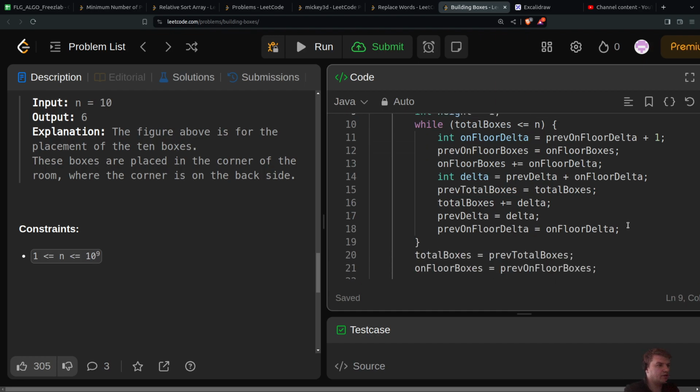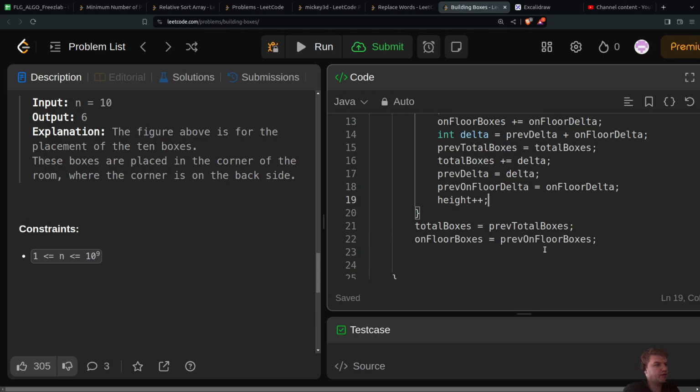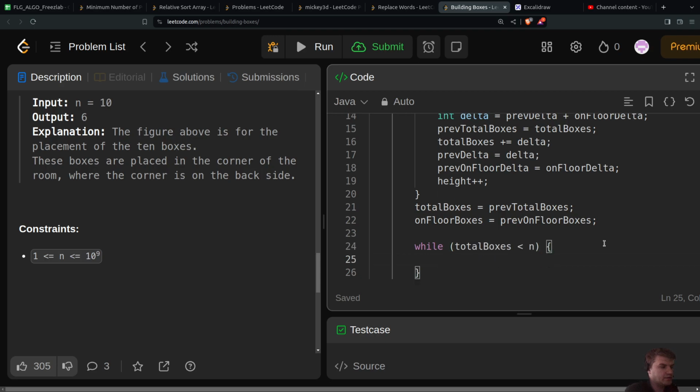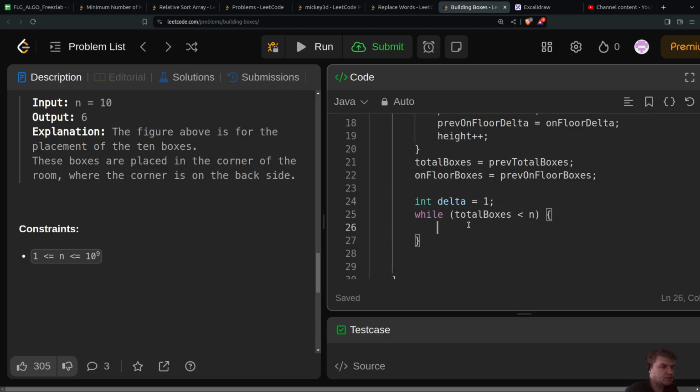Equals 1 initially, and then on every iteration I'll do the height plus plus, and then I need to go while total boxes less than n, I add, let's say, int delta equals 1, I add on floor boxes.